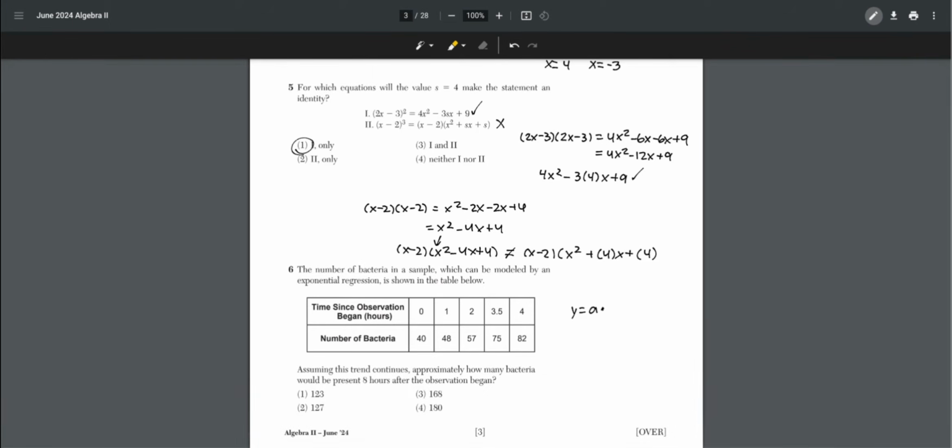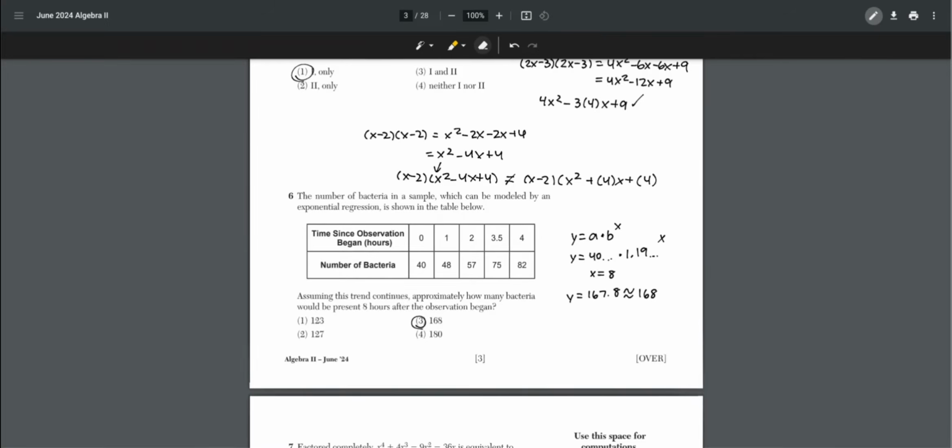Using the exponential regression formula, y is equal to a times b to the x, we can plug in the values of a and b and x. Y is equal to 167.8, which rounds to 168, which is choice 3.